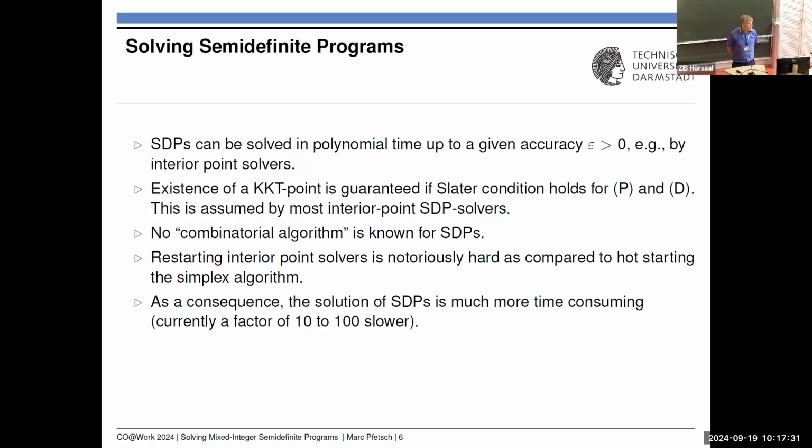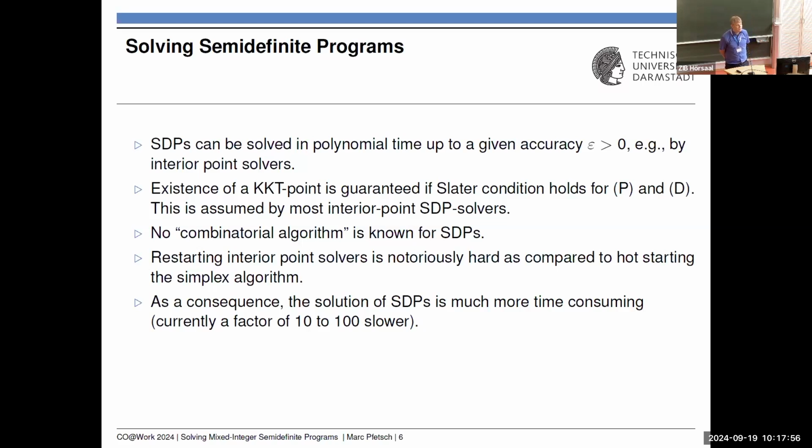And one difference, again, to the linear world: there is no combinatorial algorithm. I would call the simplex algorithm a combinatorial algorithm because you can write down an optimal basis and check whether this is optimal very easily by linear algebra. That does not exist for SDPs, and this is also one complicating factor.